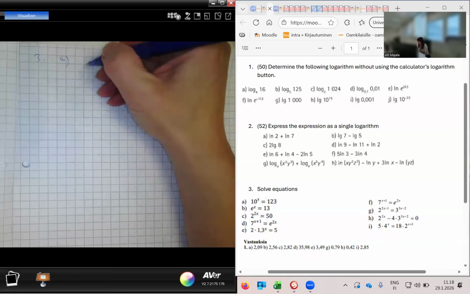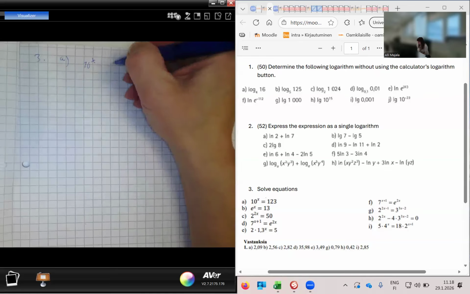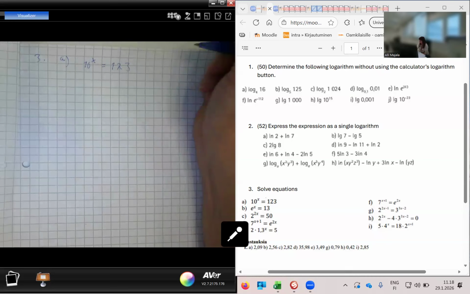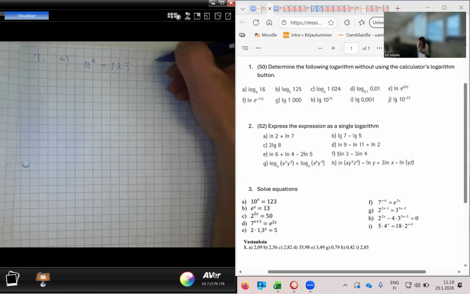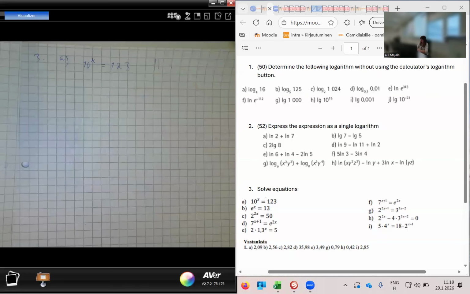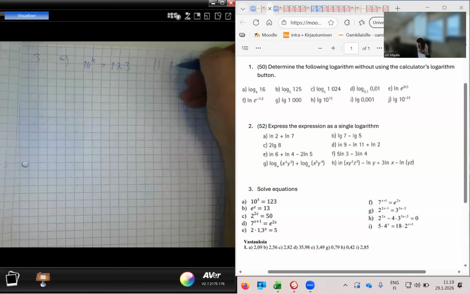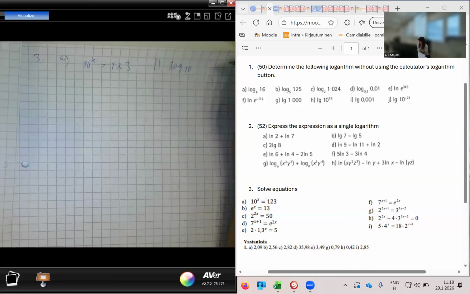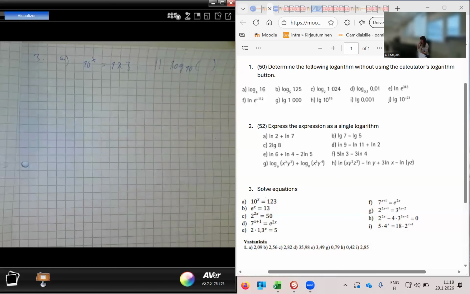So I would solve some like this. I will take the 10-based logarithm. Well, I'll just write it as a 10-based logarithm. Log 10, like that.